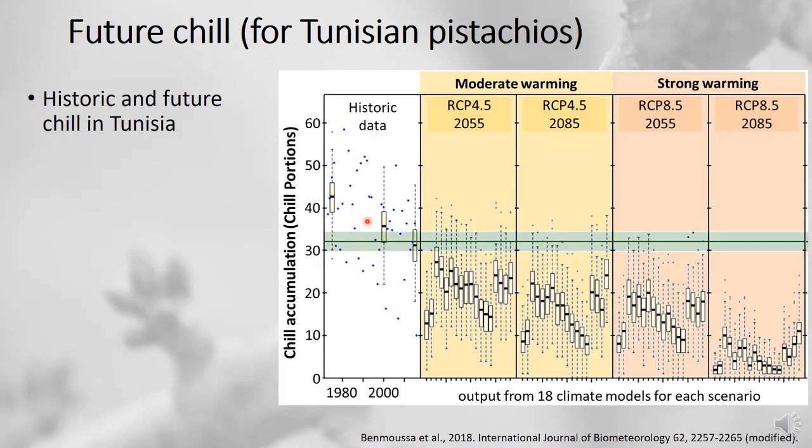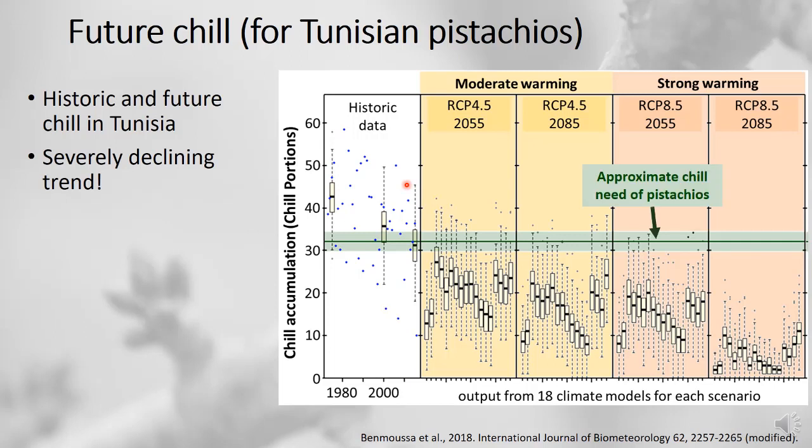Now this has already declined quite substantially. Already by 2000 you can see how the box plot has moved down, and by approximately now, a few years ago, this has declined even further. This is quite concerning because the green area here is the approximate chill need of pistachios.